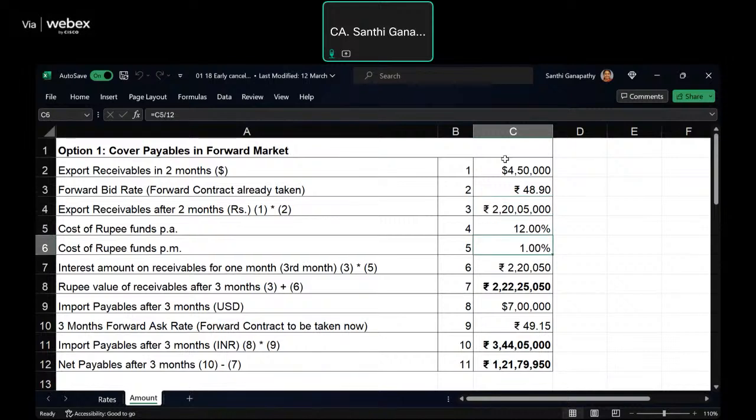So what is the interest you will get? What is the rupee value of receivables? In 3 months' time, how much payment you have to make, at what rate? So what is the import payable? For this import payable, you already have the receivables which you have deposited and got along with 1 month interest, that you deduct. So what is the net payable? This is the first option.